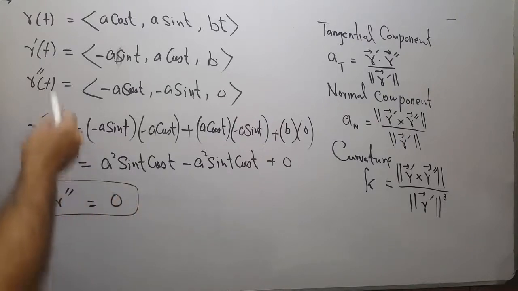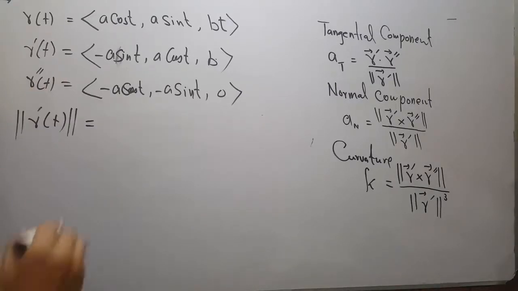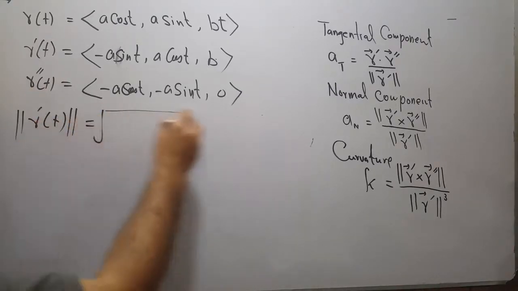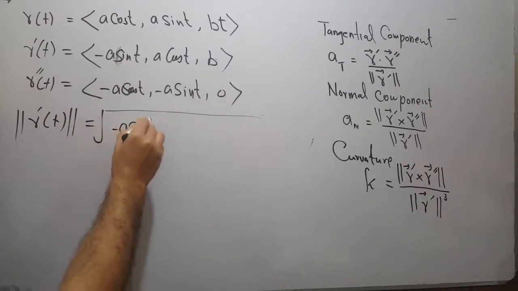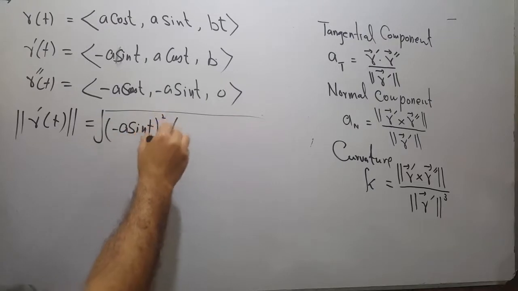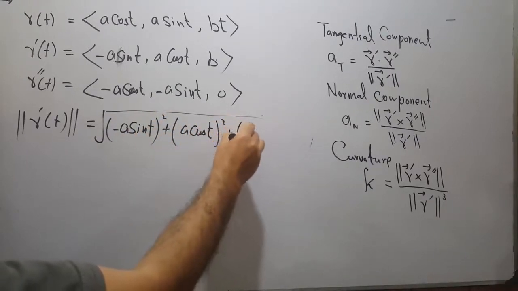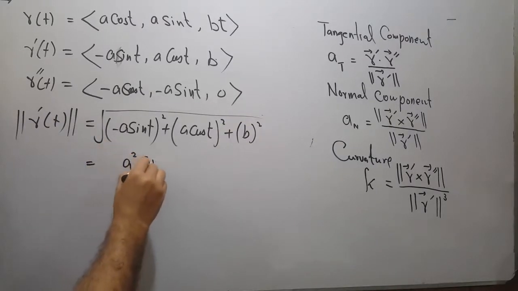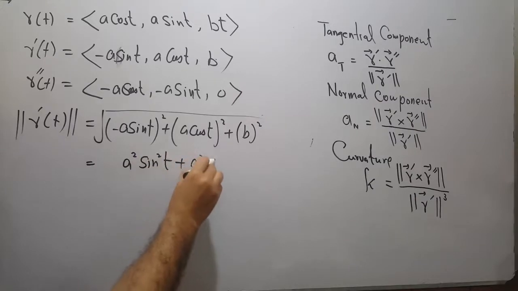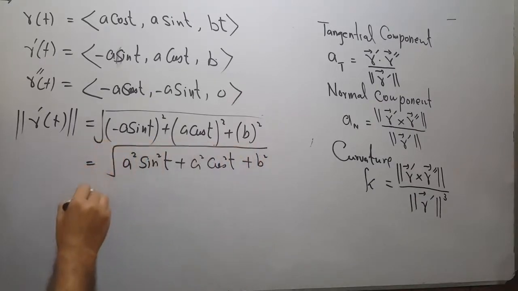We now need to calculate the magnitude of r prime. The magnitude of r prime is the square of each component added up: minus a sine t squared plus a cos t squared plus b squared. That gives you a square sine square t plus a square cos square t plus b square.